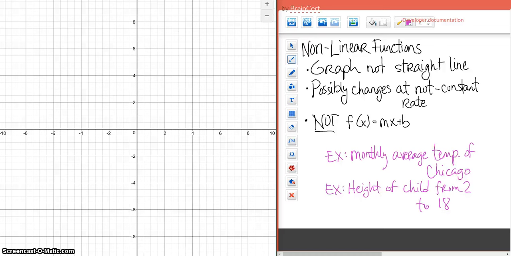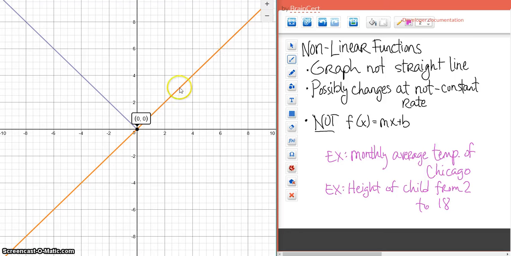And our last example, absolute value of x. Very similar to a linear function. The difference here is that the linear function actually continues in one straight line, but our absolute value has this sharp turn in it.